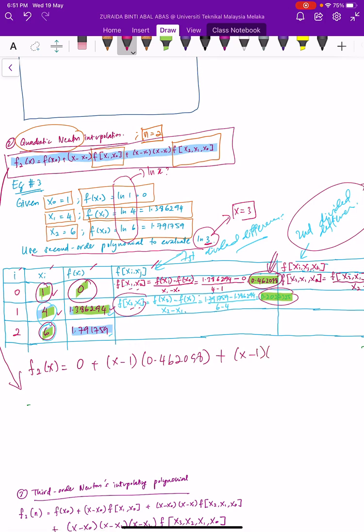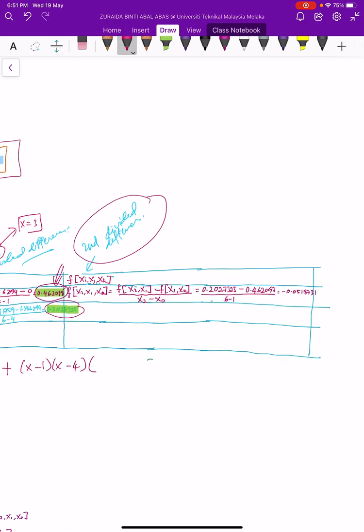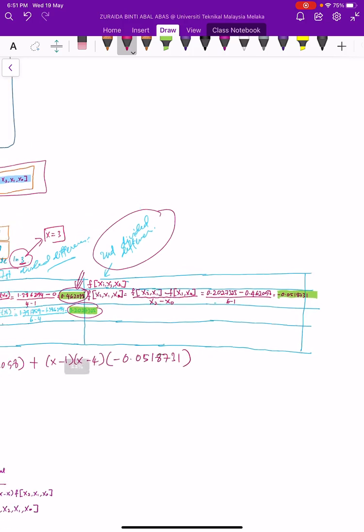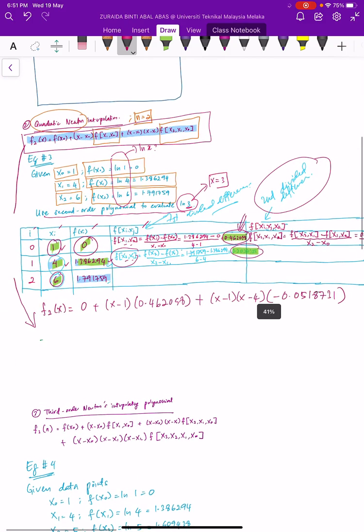Then multiply by x minus 4, and again multiply by the second divided difference. Always take the first row, so it's going to be minus 0.0518731.